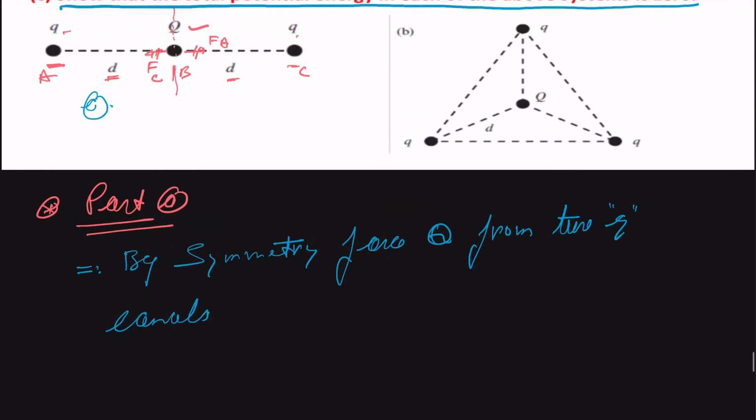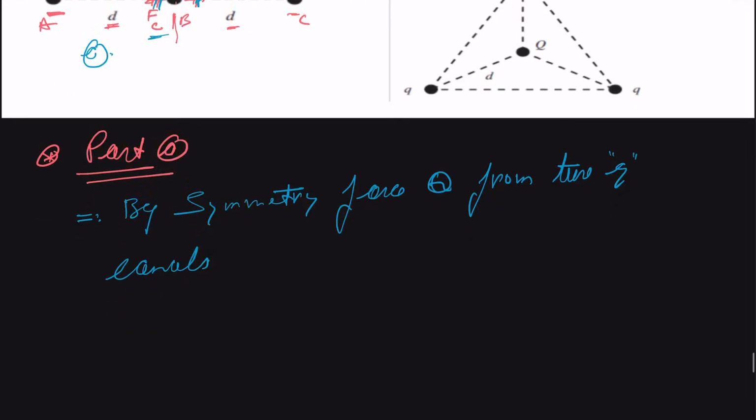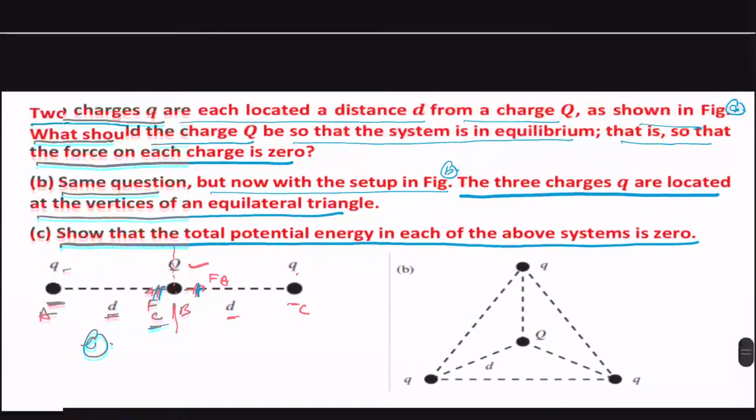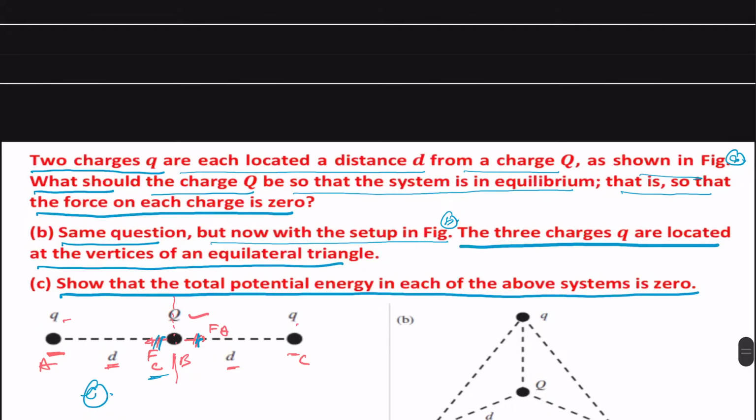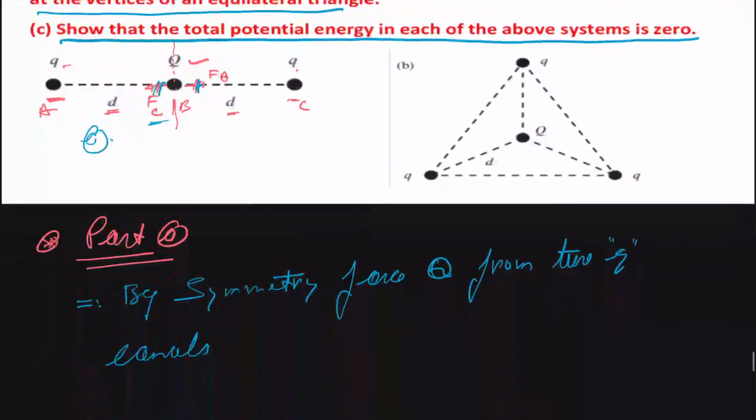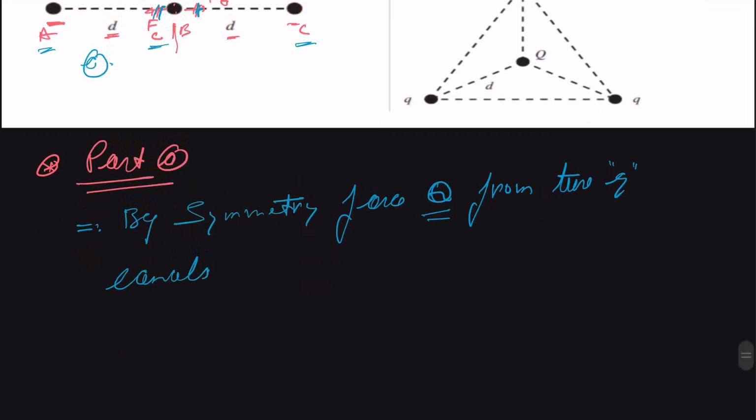Mathematically we can also prove it, because the charges are the same and the distance between the two is also the same, so they are going to balance out each other. And we have to find out that the force on each charge is 0. Okay, we have to remember that the force on each charge should be equal to 0. So for the first charge, that is capital Q, we have easily proved it. Now we come to the force balance on any one of the charges, whether A or C.